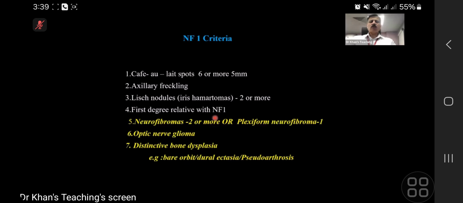So we will see all of these things when we do CNS. Optic nerve glioma. Look at this distinctive bone dysplasia. And please remember, earlier today when we saw the pseudarthrosis of the tibia, that is what can happen in NF1. Then there is what we call dural ectasia.